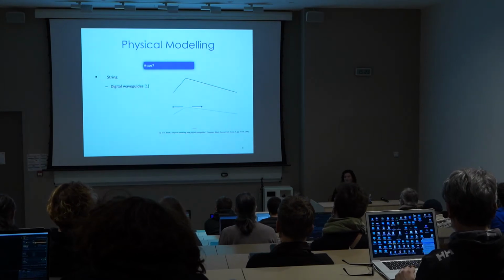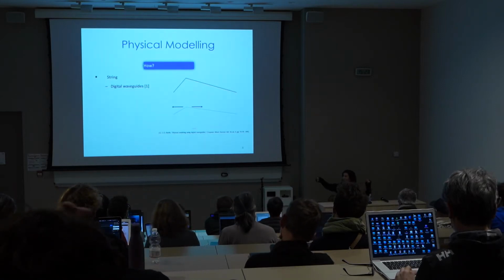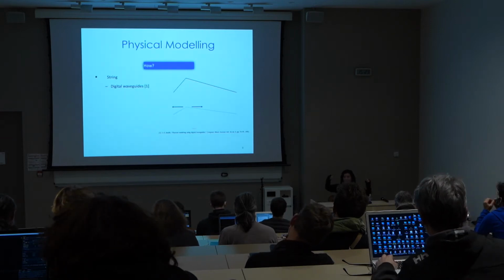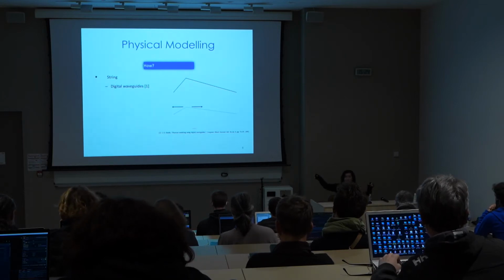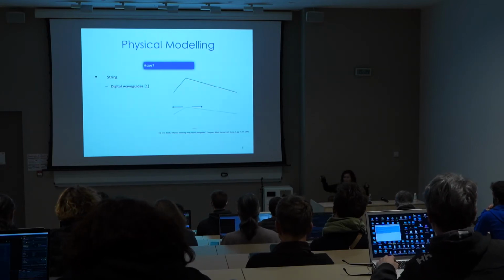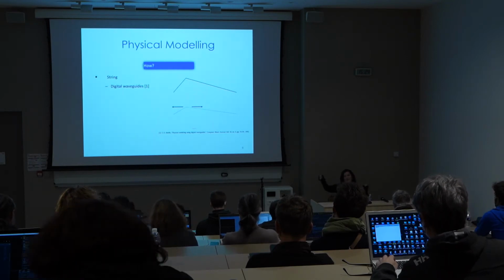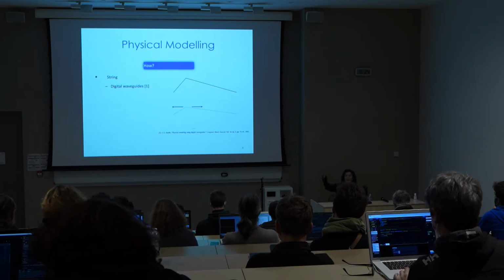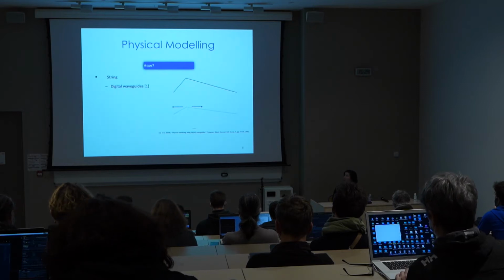A string, a one-dimensional object, can be considered approximately as a one-dimensional object that you pluck at one point. At this point you have waves that propagate, then they reflect at the boundaries, and then they keep propagating. So the string can be considered like a delay, a buffer where waves propagate. This is the main concept behind digital waveguides.